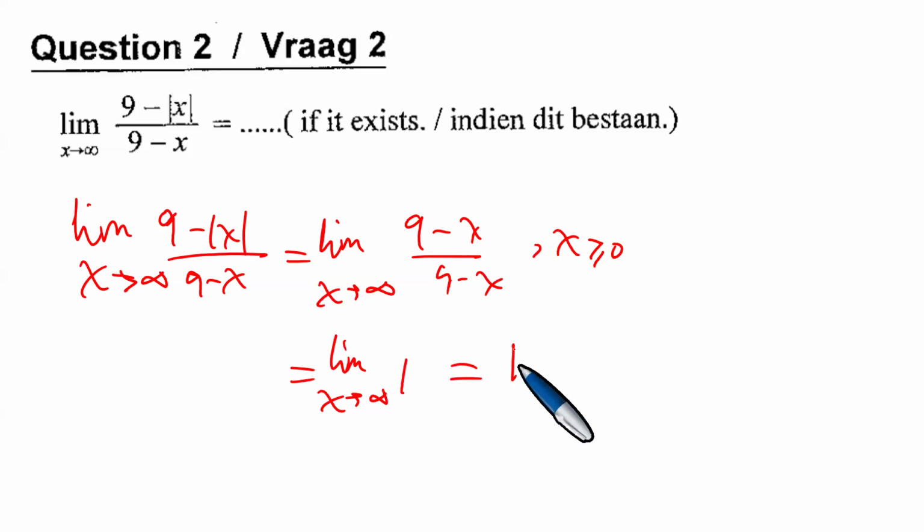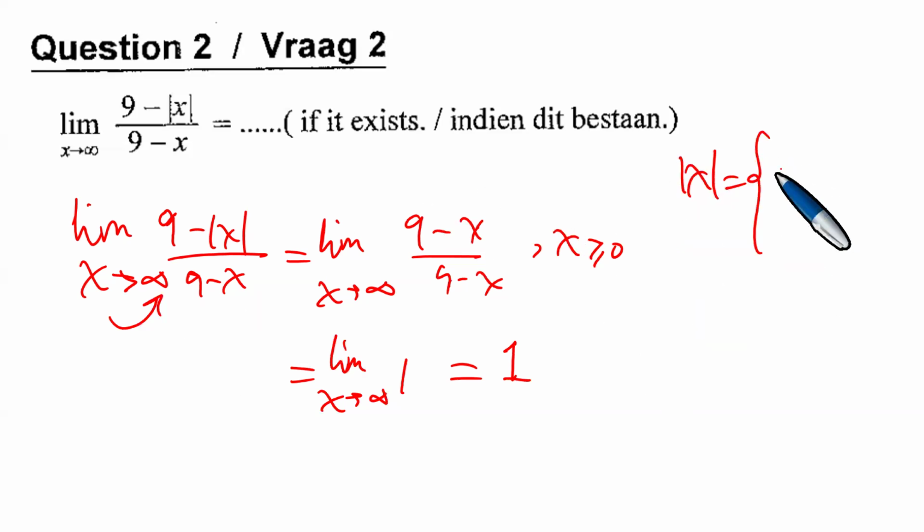So the limit of 1 is 1 because it's this divided by itself. Because as x approaches infinity, the absolute value obviously has two parts. It is x if x is greater or equal to 0. It is minus x if x is negative.